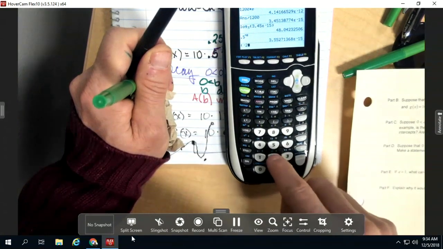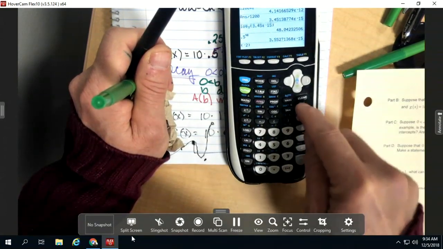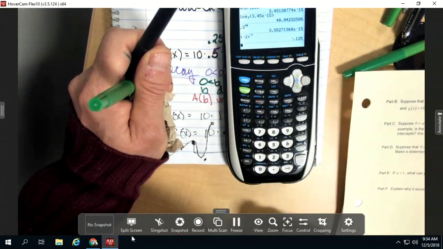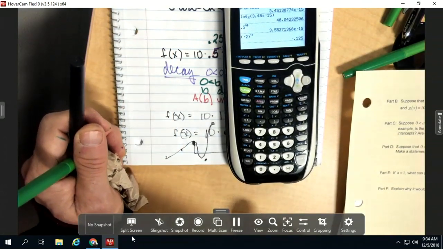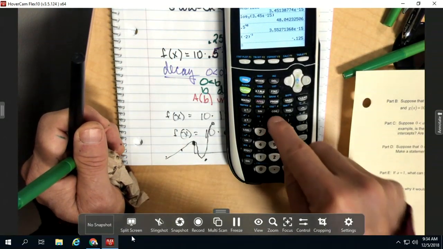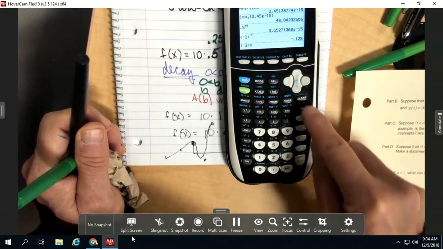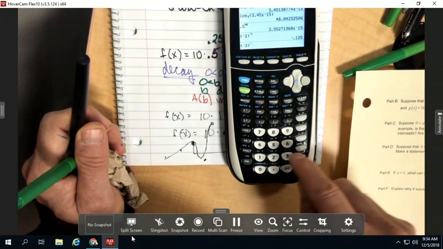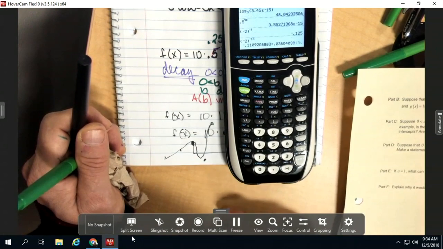Parentheses, negative 2, close parentheses, to the negative 3.1.